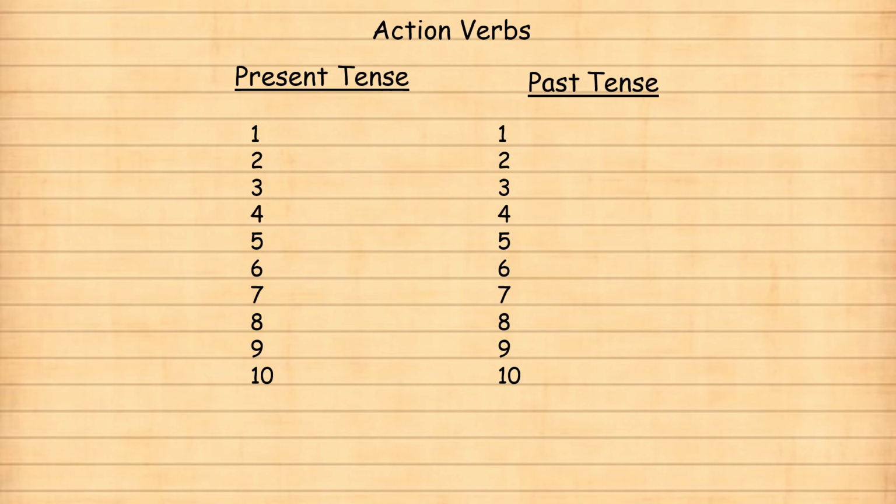Everyday verbs, present tense and past tense. I'm now going to say a verb. I want you to write the verb in present tense and then write the verb in past tense. So, number 1, cook.